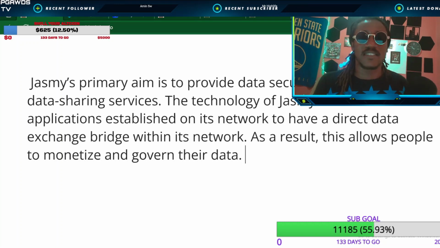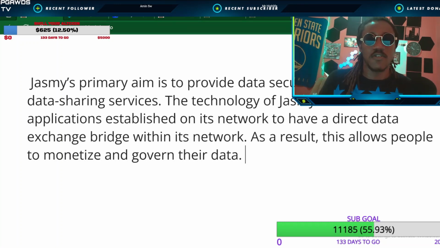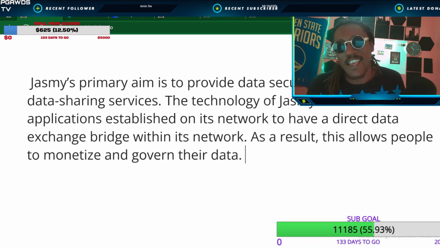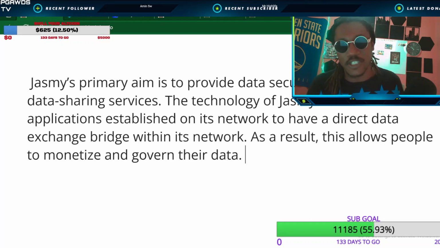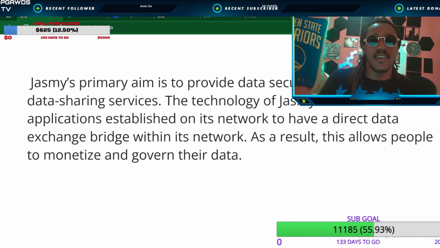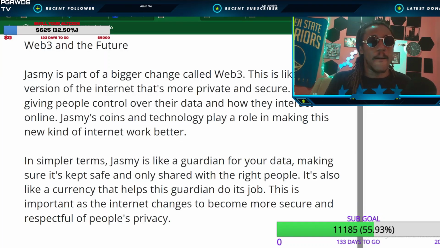So that's the utility for the Jasmy token and how it can become very useful. You know what I mean? Because people think, well, I can do this without the Jasmy token. Well, you can't. You can't interact with the ecosystem without having some portion of Jasmy, which gives it its utility, should I say.